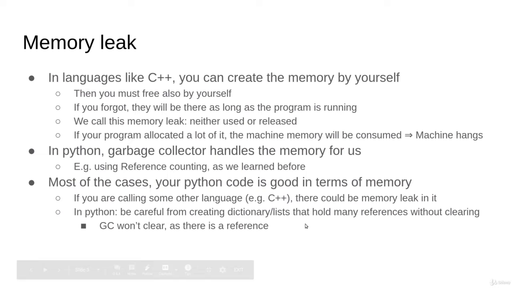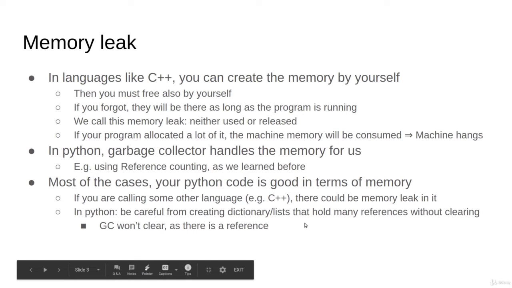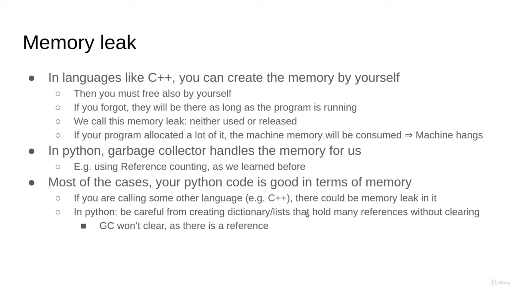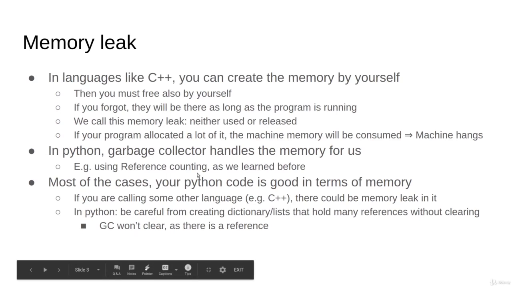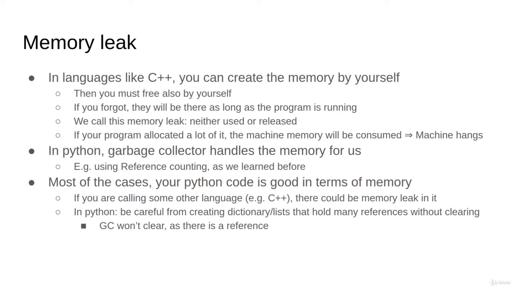But there is a scenario where you might observe that even your Python code is taking too much memory, and you can notice that in the task explorer of the operating system, and you don't know why. The reason typically is there are references. Remember, in the reference count in the garbage collector, as long as there is some reference to your object, then the object will not be removed.